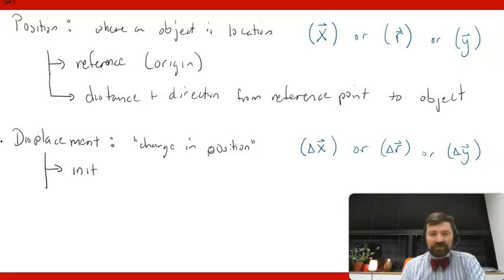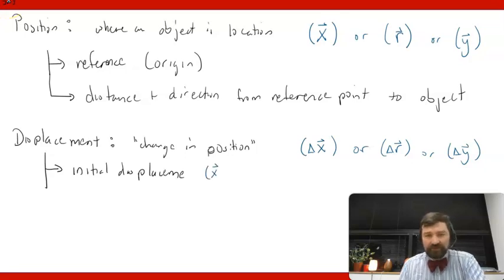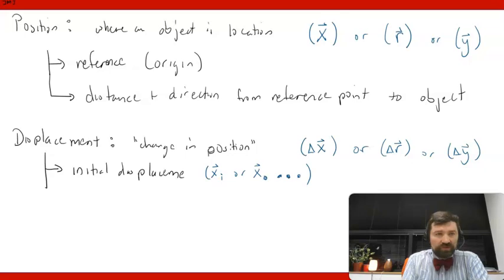So we could say initial position, which we might represent as x i for initial, or x0 for x at time 0, etc. You could use R or Y or what have you. And then there's usually a final position. I said displacement here, I mean position.